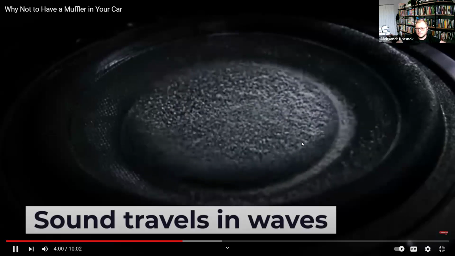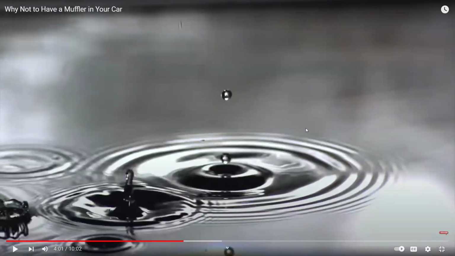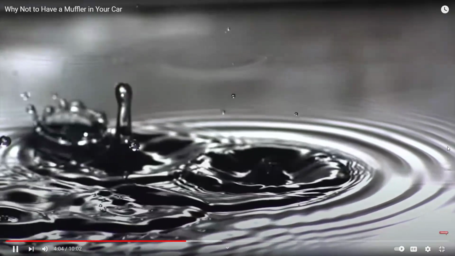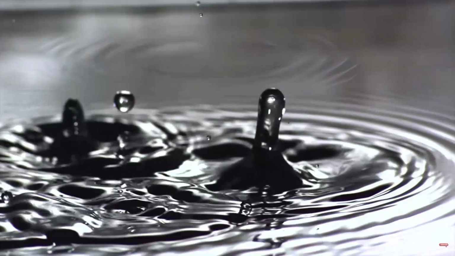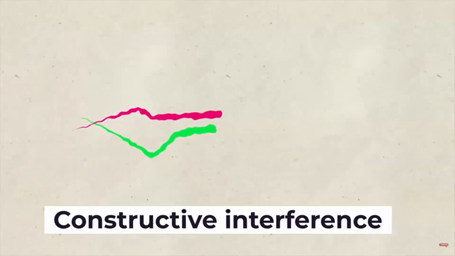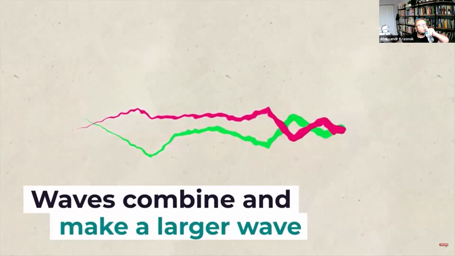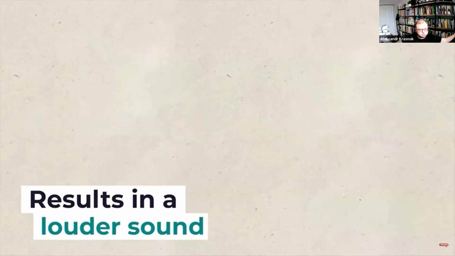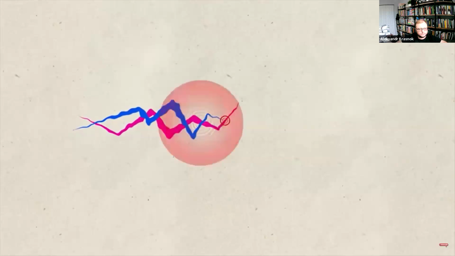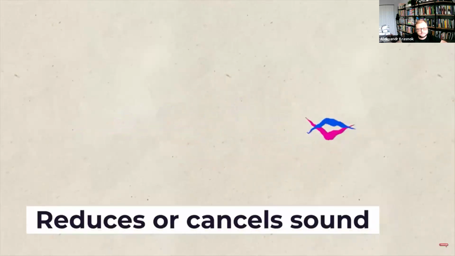Anyway, it's just like the waves, did you hear that? Yes. See, when you throw a stone into the water, if you throw two stones at the same time, the waves interfere with each other. That's exactly what's happening with sound waves. Sometimes you get constructive interference, which happens when the waves combine together to create a larger wave. This results in a louder sound. But sometimes the waves are out of sync or phase and they cancel each other out. This is called destructive interference, and it reduces or cancels the sound.